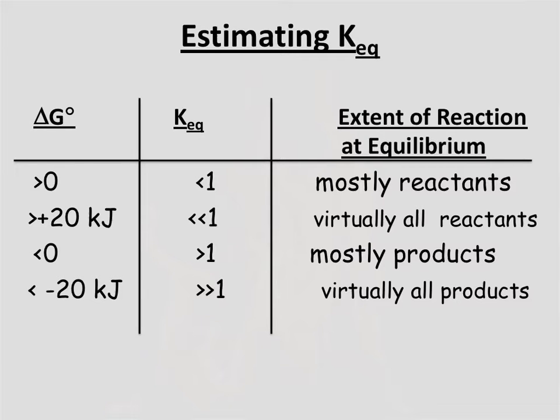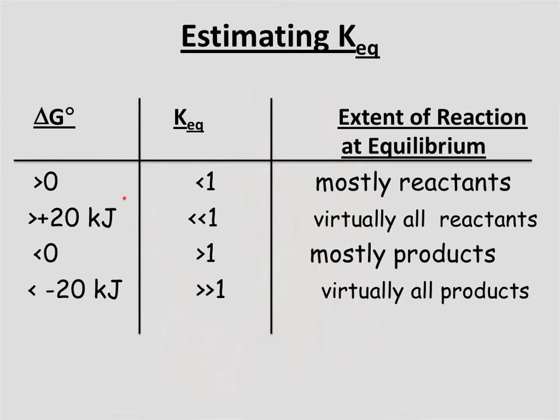Mostly reactants, mostly products? All right, so if you have a delta G value that is greater than 0, what that means is it's not thermodynamically favored, so it's not going to want to go towards completion at all. So it's going to be very reactant favored, and we know that reactant favored things have a Keq that is very small, so less than 1.